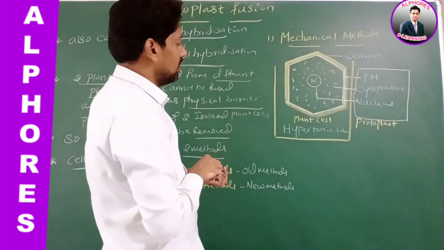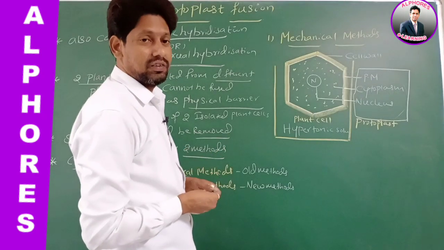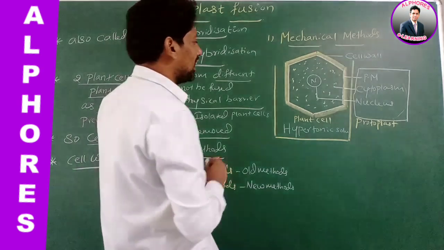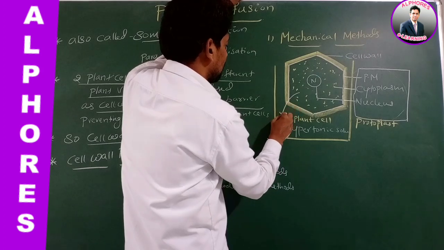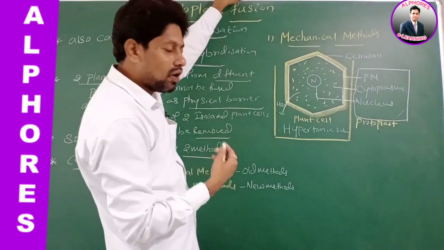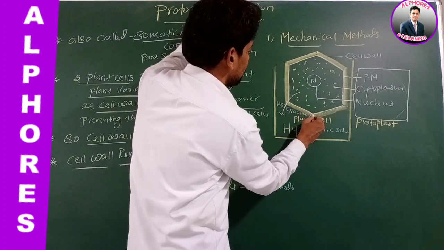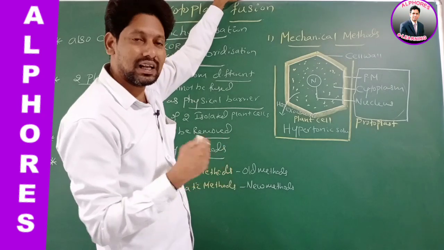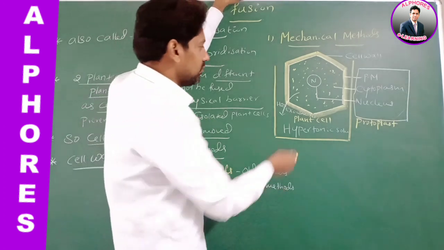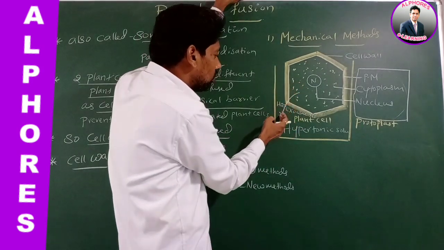When a plant cell is placed in a hypertonic solution, water present in the plant cell comes out. Water came out of the cell, therefore this is exoosmosis. Exo means outside.